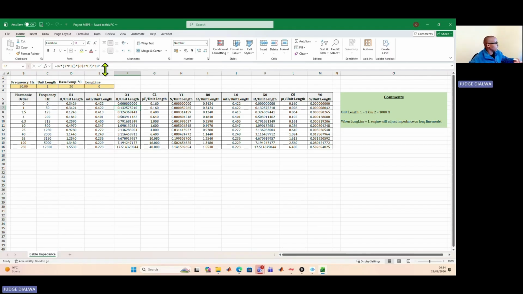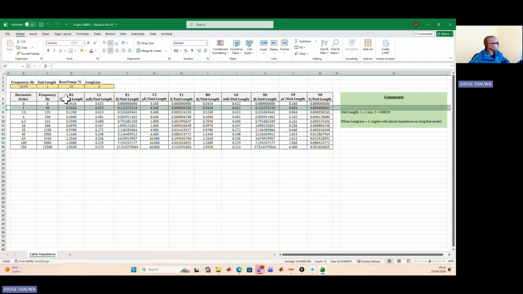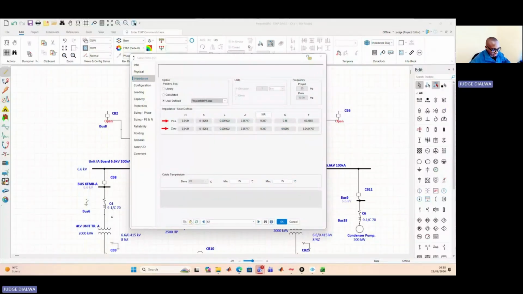I just had to edit this and then edit my positive sequence resistance and the negative sequence. So that's what I did to specify the impedance of the cable I'll use.